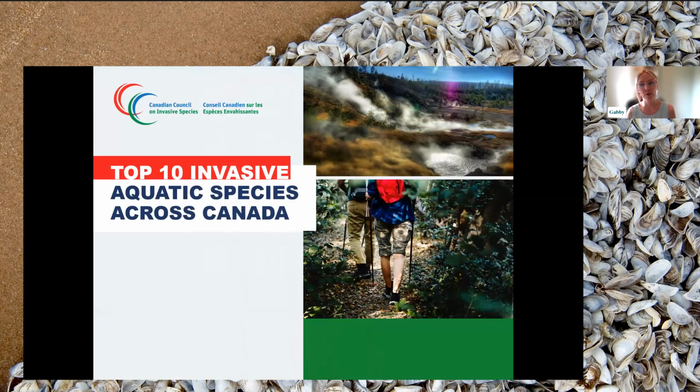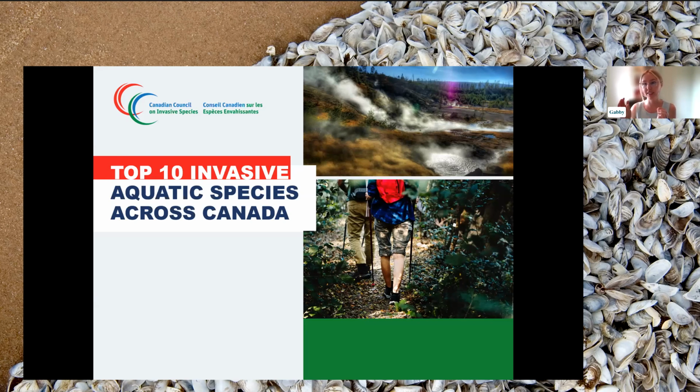So not only are pathways an important focus, but learning to identify and then report these invasive species is a key tool to preventing and being proactive with invasive species. When you report invasive species and you learn how to identify them, it helps us to act quickly, to have that early detection, even if it's a species that already exists in an area.